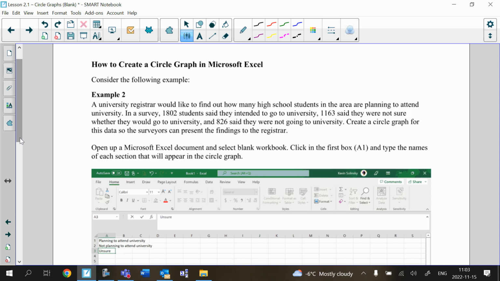First of all, could you do me a favor and on your desktop, create a folder just called statistics? No idea how to create a folder on your desktop? Go to your desktop, minimize these things. Now you should be able to right click.